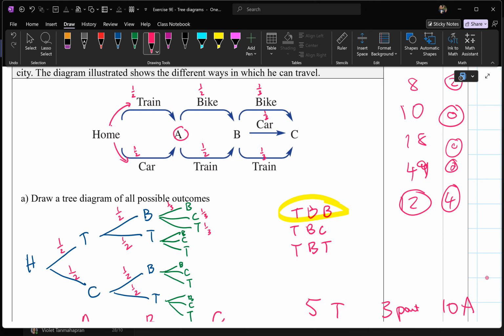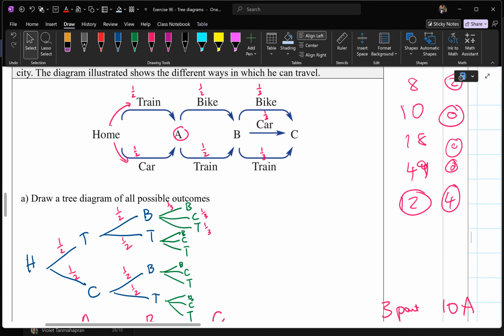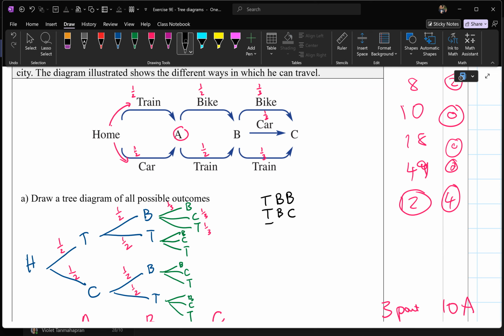But now if you were to calculate the answers, what is all your total possibilities? Let's count them. You could have done train, bike, bike, train, bike, car, train, bike, train, train, train, train. Can you see how I'm just following the tree diagram?